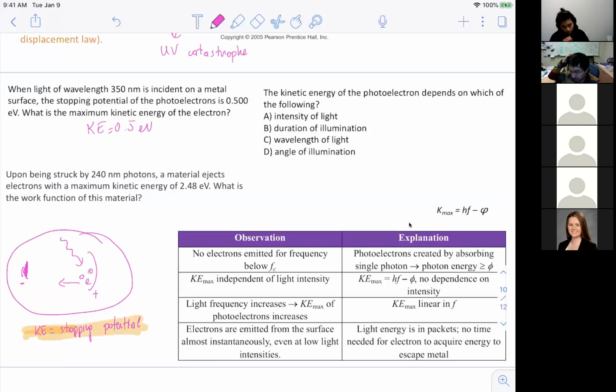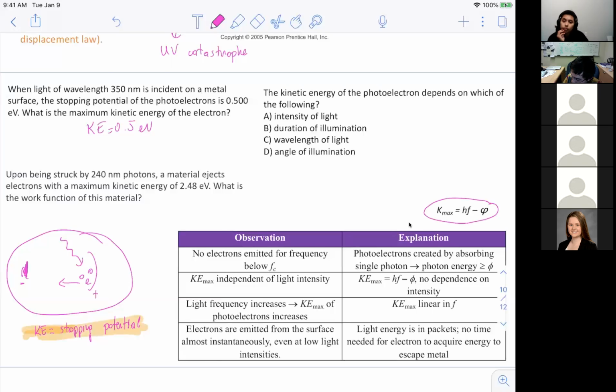For the second problem, you have 240 nanometer photons hitting a surface, and the maximum kinetic energy is 2.48 electron volt. What's the work function? So we will use this equation. The photon has energy, part of it is consumed by the work function, and the remainder is going to be the kinetic energy.